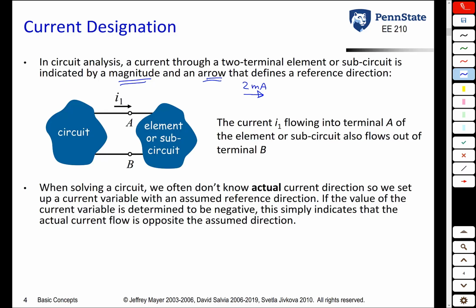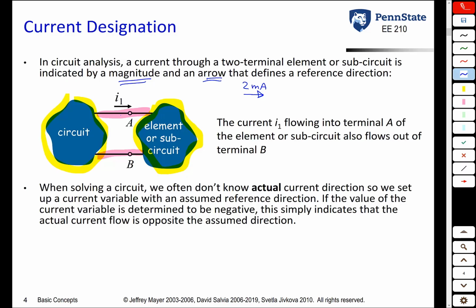Another important point here, suppose you have a circuit, and suppose it's connected up to either a single element, maybe it's a resistor, or maybe it's a group of elements, we call that a subcircuit, and they're connected by just 2 wires. A wire here, and a wire here.